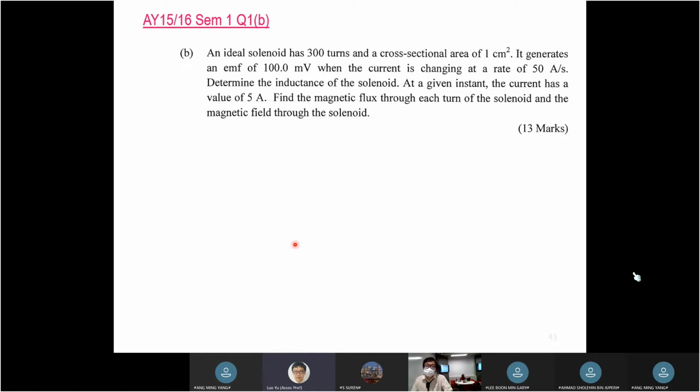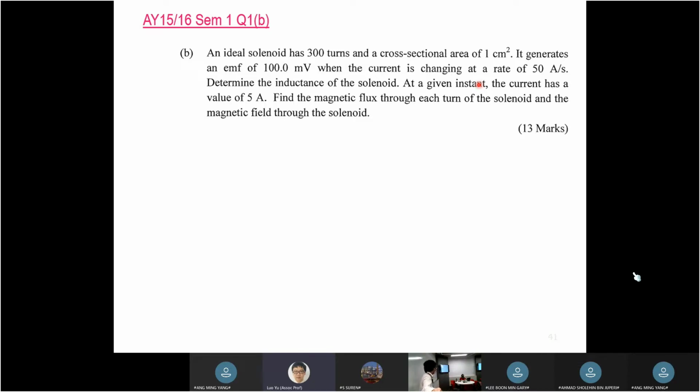Here we have an ideal solenoid with 3 turns, so my n equals 3, and the cross-section area A equals 1 centimeter squared. It generates an EMF, epsilon, given as 100 microvolts, when the current is changing at a rate of 50 amperes per second.